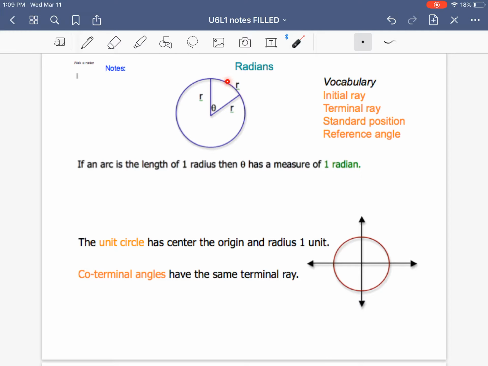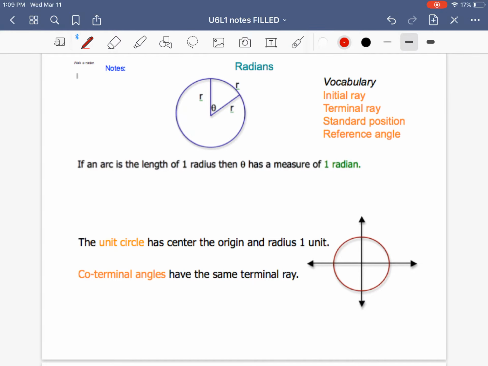There's also an arc length, right? So we could measure the length of this arc. If that arc is r, and this radius is r, then all three of these lengths are the same. The radius, the arc length. So the angle that makes that happen is 1 radian. Kind of cool.